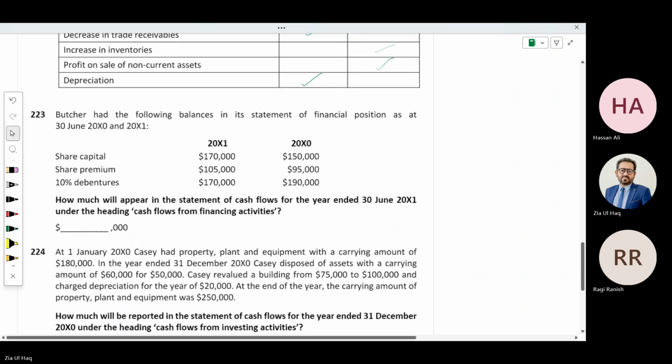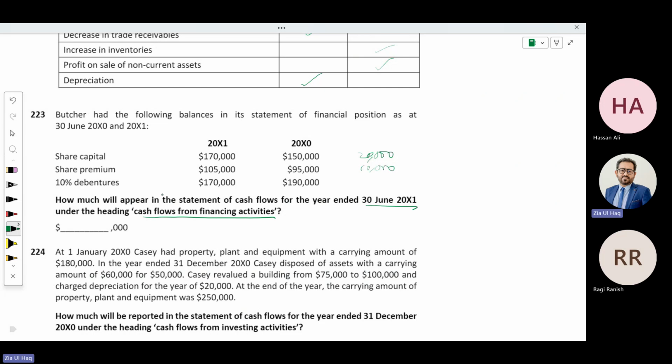223. How much will appear in the statement of cash flow for the year ended 30th June 2021 under the heading cash flow from financing activities? Share capital increased by 20,000. Share premium increased by 10,000.